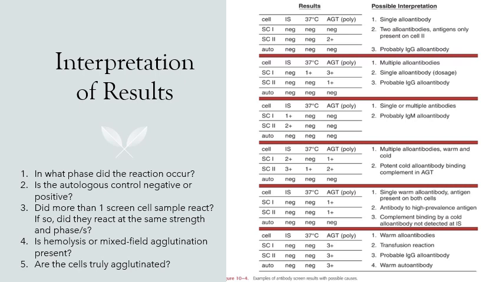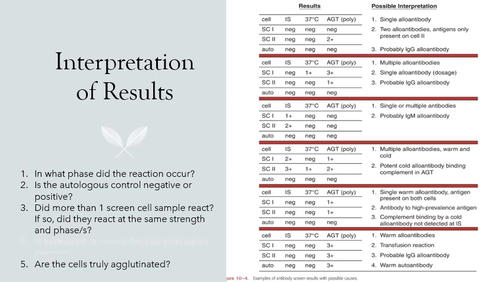Next question is, if so, did they react at the same strength and phase or phases? A single antibody is suspected when all screen cells having a positive reaction react at the same phase and strength. Then multiple antibodies are suspected if they react at different phases and different strengths.